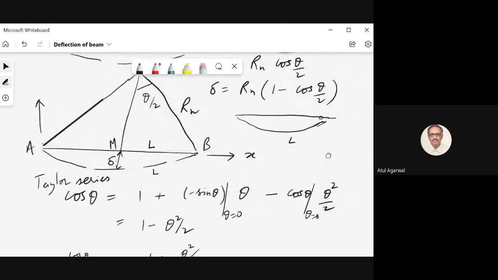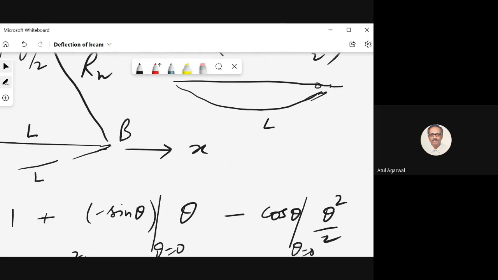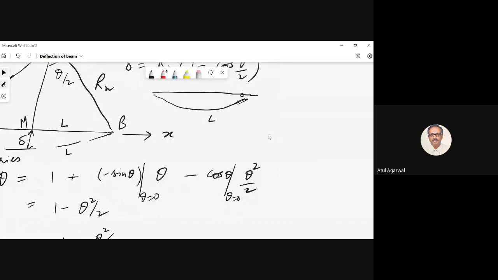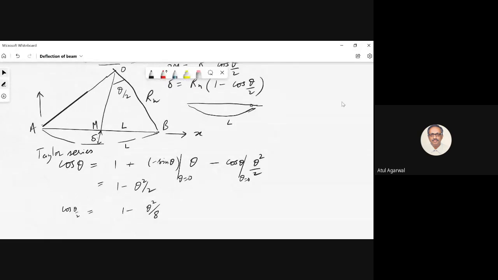So my delta is R neutral into 1 minus cos theta by 2. If I take 1 minus cos theta by 2, I get theta square by 8. So delta becomes R neutral into theta square by 8.